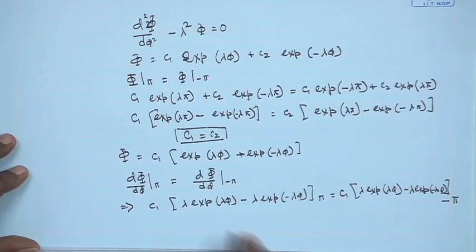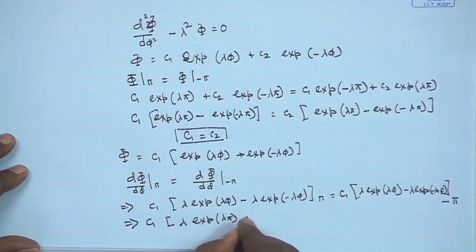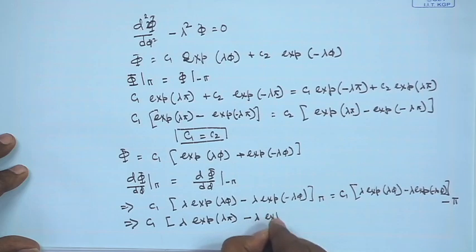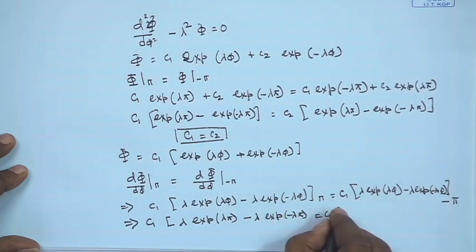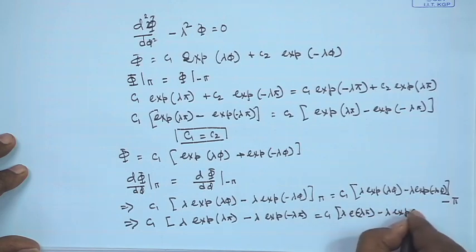And if you really put this in, C1 lambda exponential lambda pi minus lambda exponential minus lambda pi, and this will be C1 lambda exponential lambda pi minus lambda exponential, this is minus lambda, this is minus 1, so it is plus lambda pi.